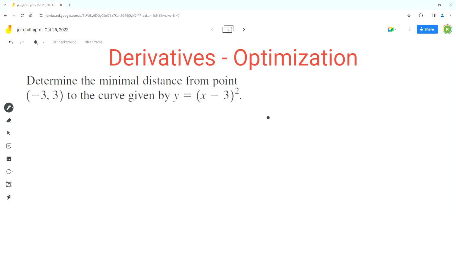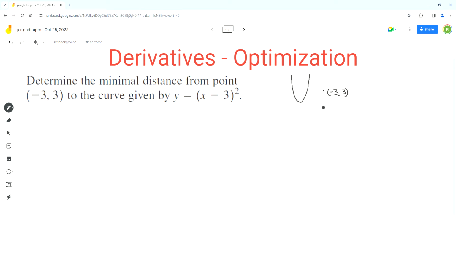So we should sketch this information just to get a sense of what's given and what we need to find. Now we don't have to graph it on a grid paper, but we can just draw a parabola. Let's assume this parabola represents this equation and there is this given point. So let's assume the point is somewhere here, (-3, 3).